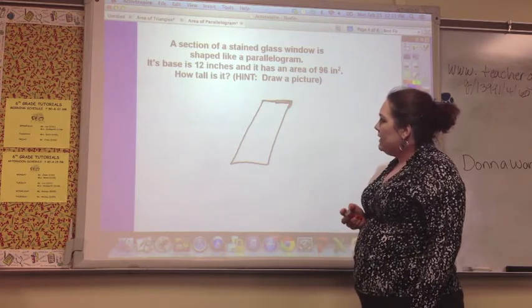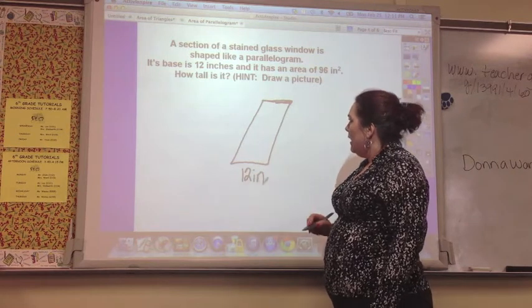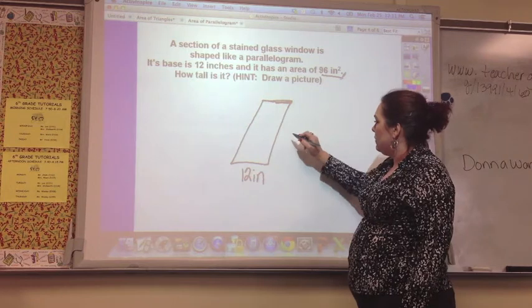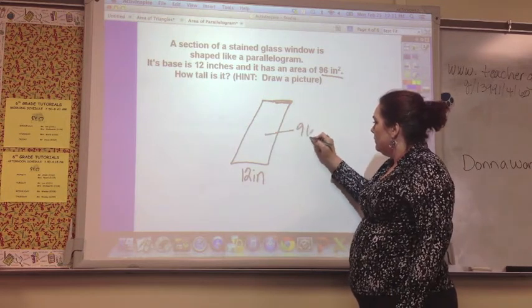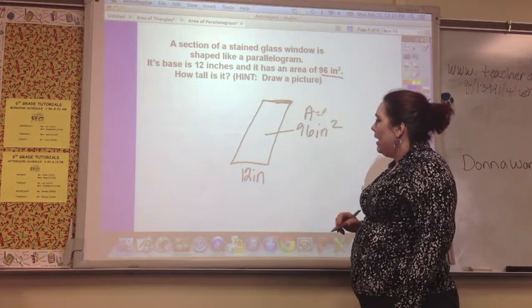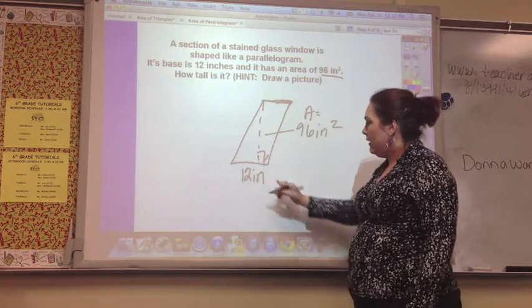It says its base is 12 inches and its area is 96 inches squared. How tall is it? So what I want to find out is how tall it is.